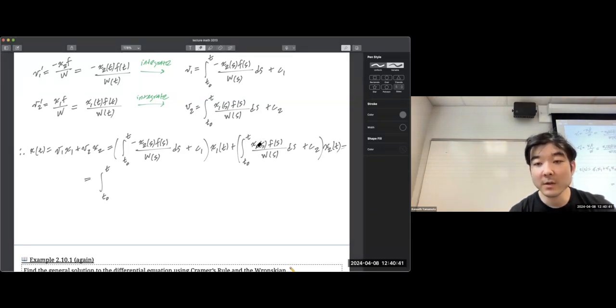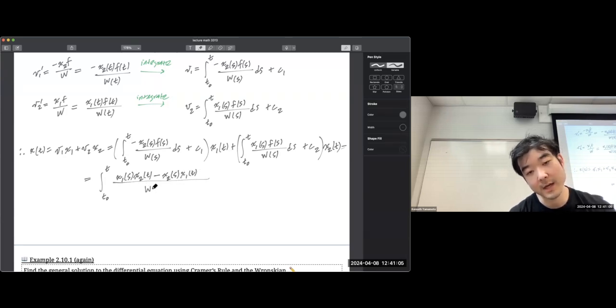So the only thing I'm going to do is you have an x1 of s multiplied by an x2 of t. So x1 of s, x2 of t. Subtract, I'm writing this first because this one's a minus. And I'm going to do x2 of s, but this x1 gets multiplied, so it's going to be x1 of t, all over the Wronskian, which is common across both of these, and they both have an f of s.